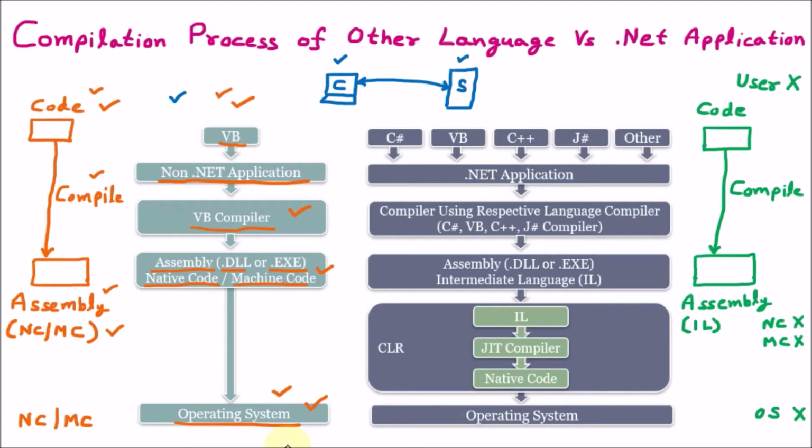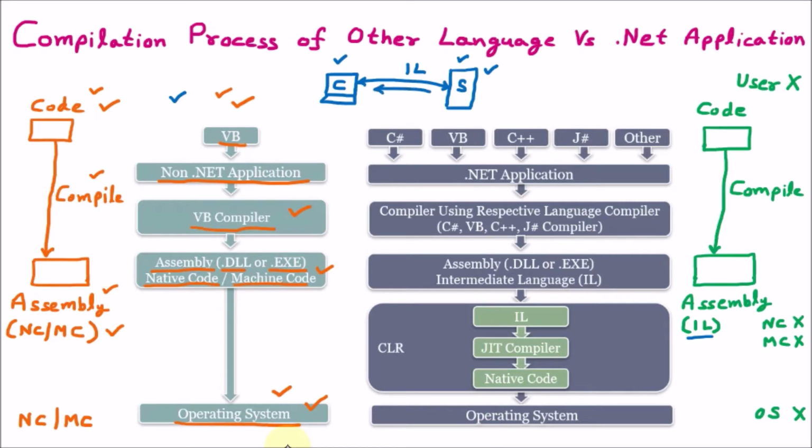Now if you talk about Java and .NET, here we have the intermediate language, which is called IL. If we modify this procedure, from the server we compile the project and convert it to IL. IL is the intermediate language that the user cannot understand. Now I am sending this file from server to client.